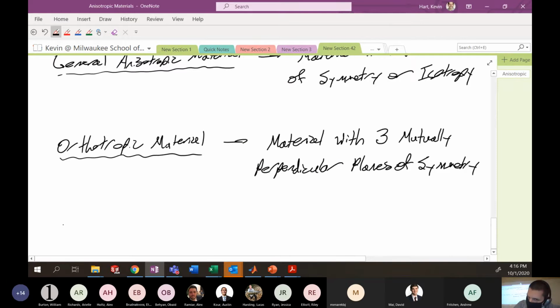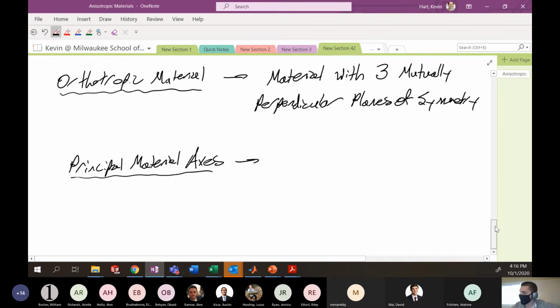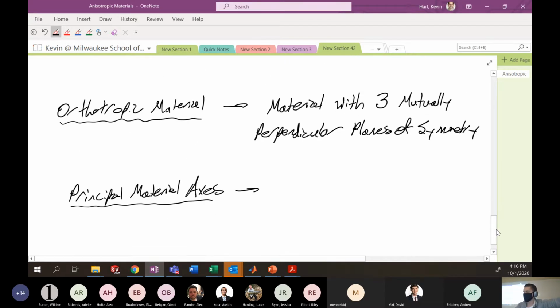Let's talk about principal material axes. Principal material axes are these three mutually perpendicular planes of symmetry of an orthotropic material.